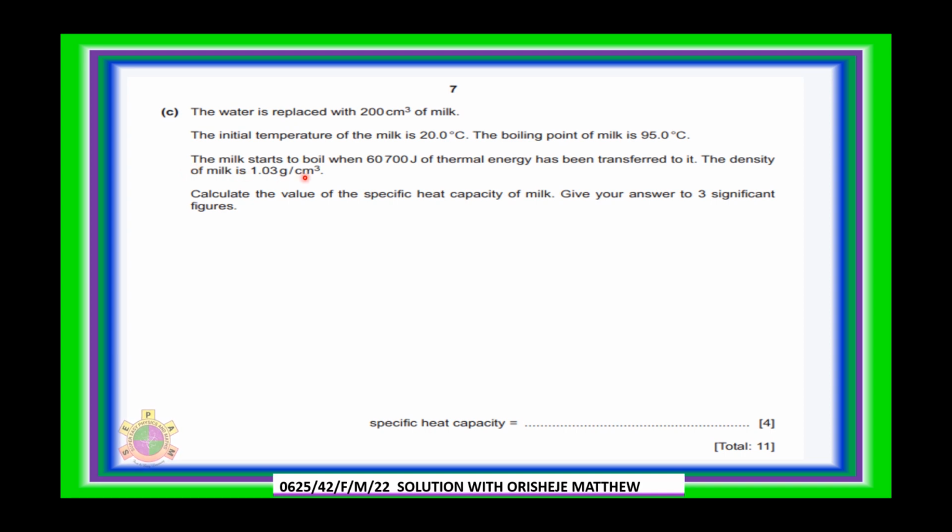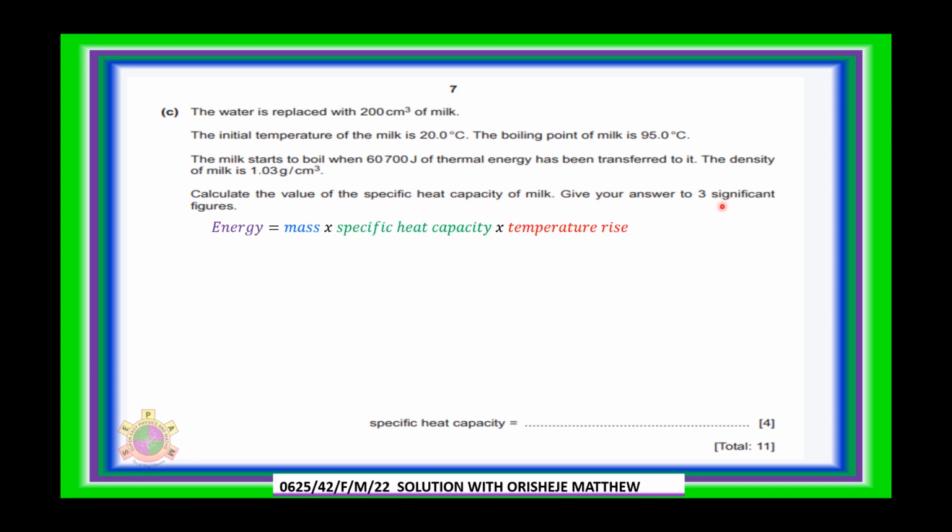The milk starts to boil when 6,700 joules of thermal energy has been transferred to it. The density of milk is 1.03 grams per cm³. Calculate the value of the specific heat capacity of milk. Give your answer to 3 significant figures.